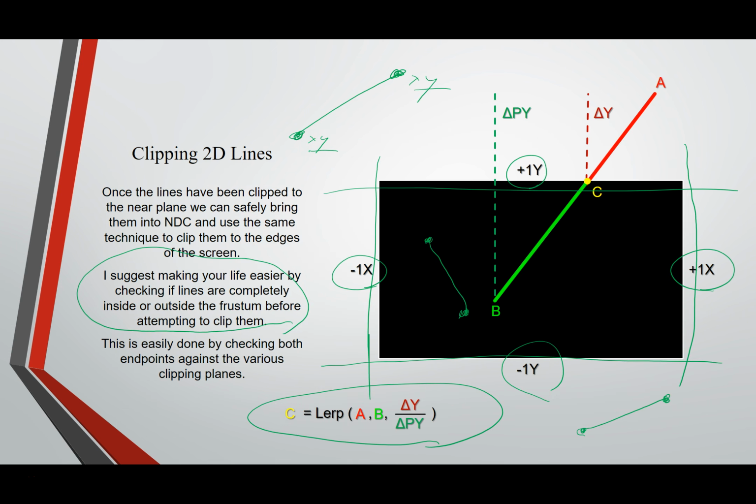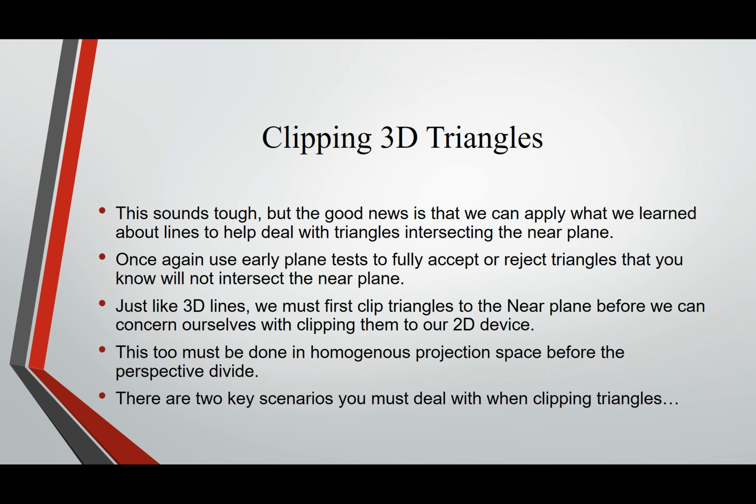All right. Now that we've covered points and lines, it's time to talk about how we handle triangles. Triangles would seem like the most difficult one of all, and there is some logic involved, but here's the good news.